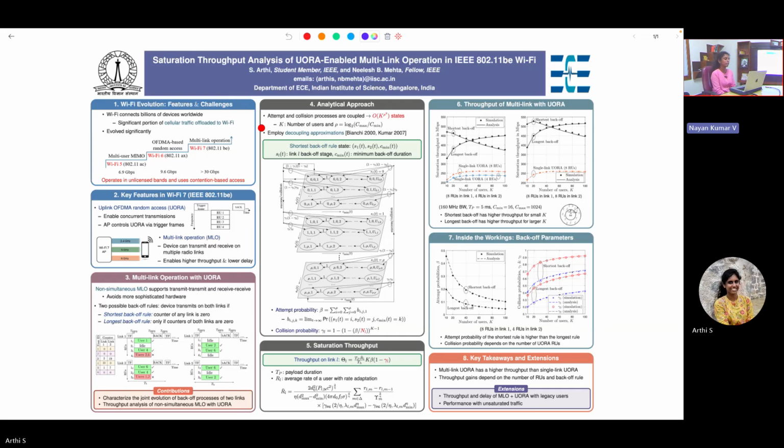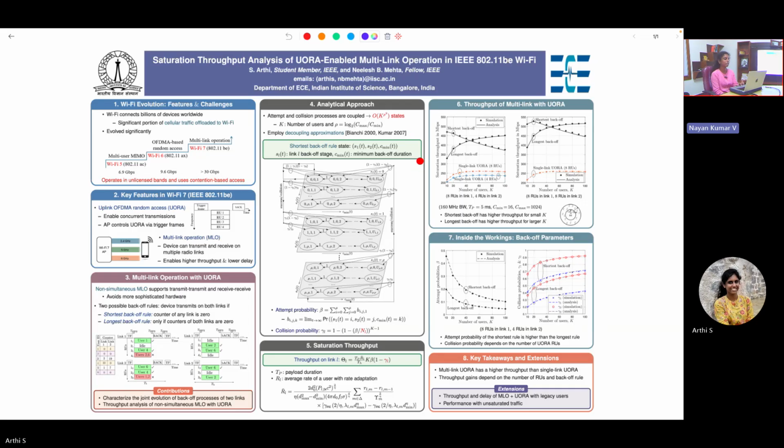So if we model this backup process exactly using a discrete time Markov chain, the number of states in the discrete time Markov chain grows exponentially as the number of users in the system. Hence, we employ decoupling approximations which are conventionally used in the Wi-Fi literature starting from 2000.